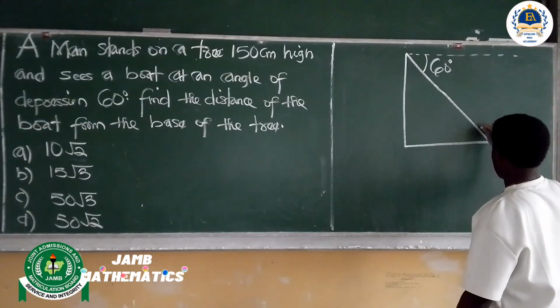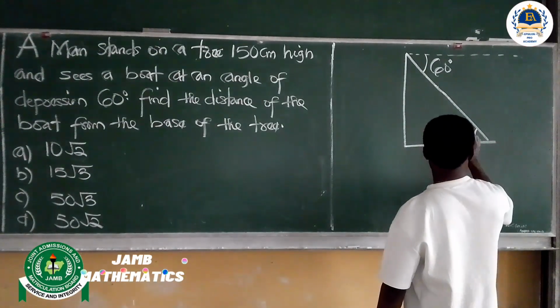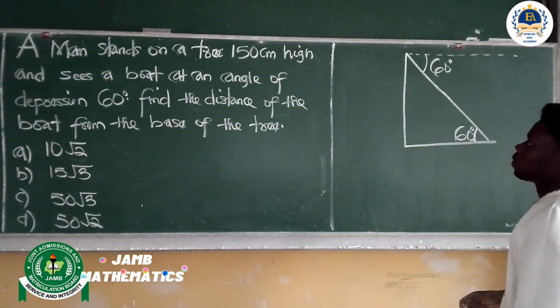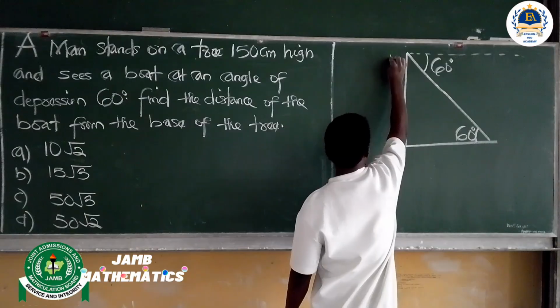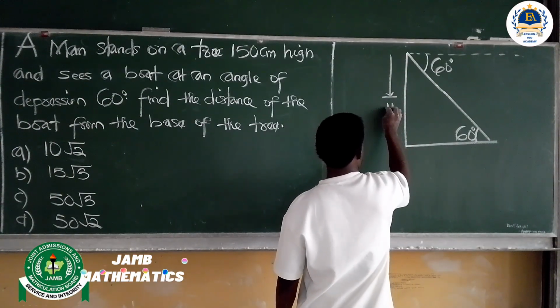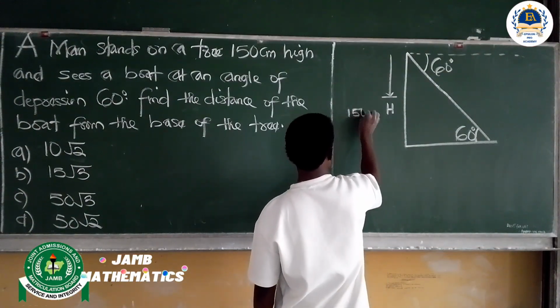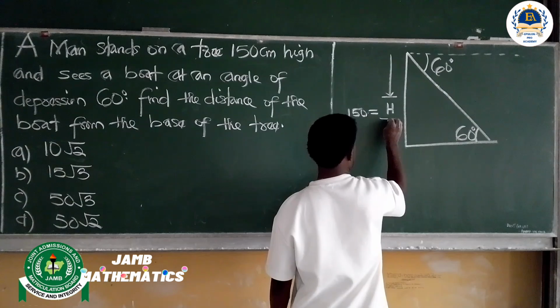This angle is alternate to this angle, so that is to say this is 60 degrees. And this is the height of the tree, which is equal to 150 cm.